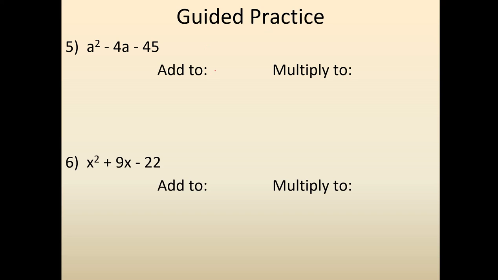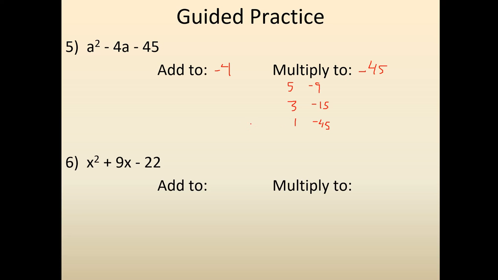All right, so it has to add to negative 4 and multiply to negative 45. Because this is a negative number, I'm only going to look at the ones where the bigger term is negative. So looking at the numbers, there's 5 and negative 9. Then there's 3 and negative 15, 1 and negative 45, and I believe that's it.